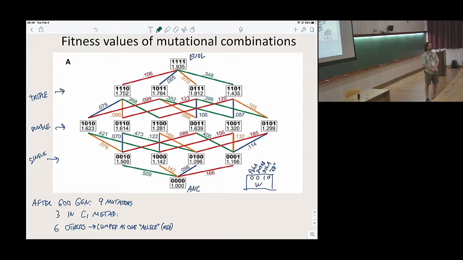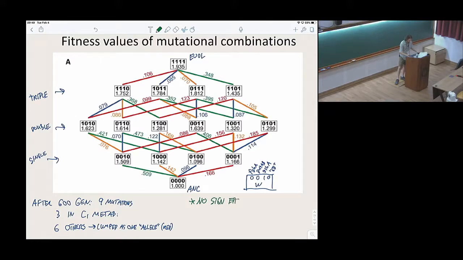Or you could say there was no sign epistasis. There was not a single case in all these combinations where a mutation that might have been individually good was actually deleterious on some other background, right? So that, I think, is the first major thing that's really clear. No sign epistasis. All alleles beneficial on all backgrounds.